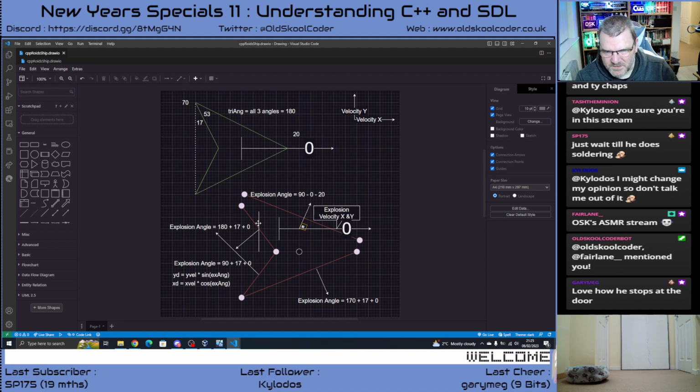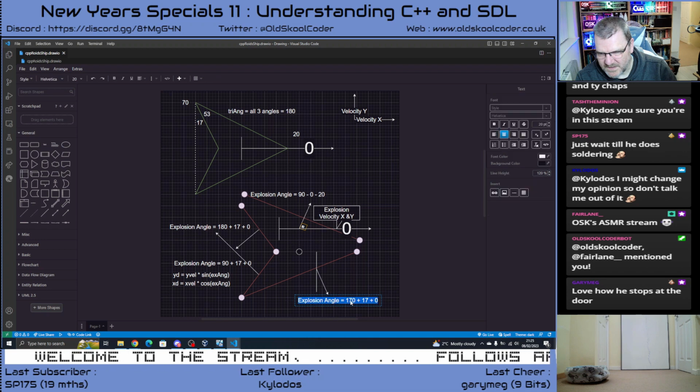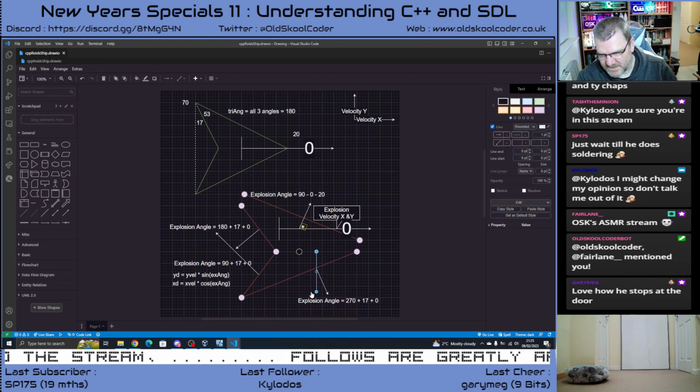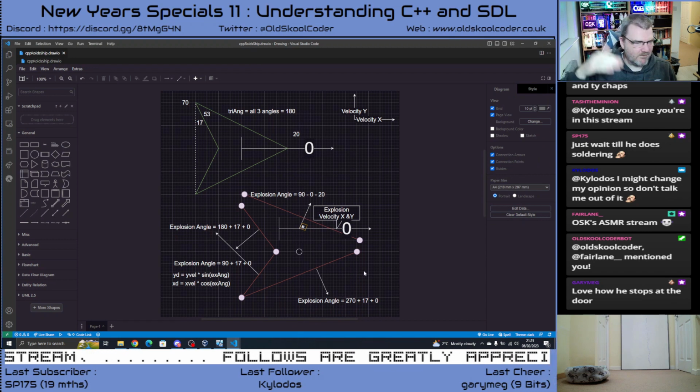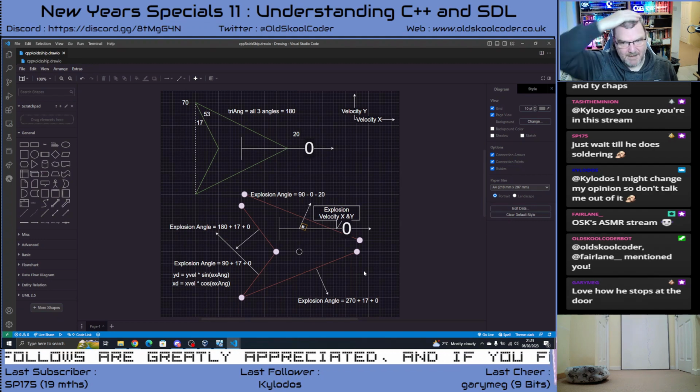And let's just make sure that that one's the right one as well. Yeah, that's the lower of the angle, so that's definitely 90 minus 20. And this is definitely 270 plus 17. Right, so we've now got our angles.